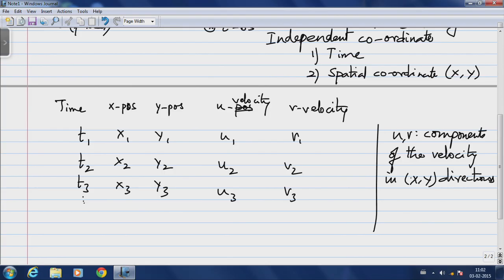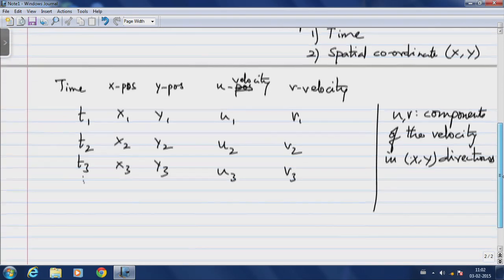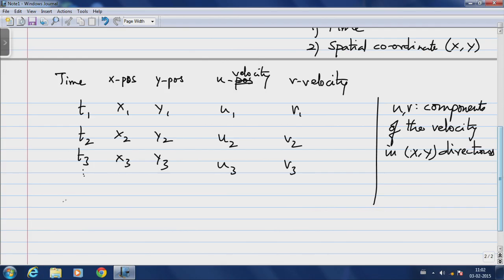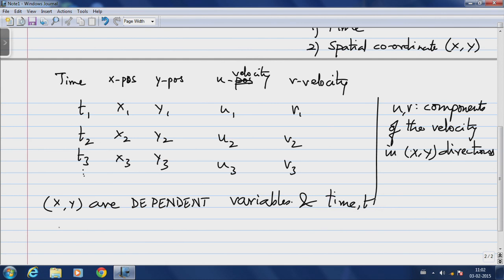So, notice how in this particular way of making our observations, x and y are dependent variables. And time is the independent variable.